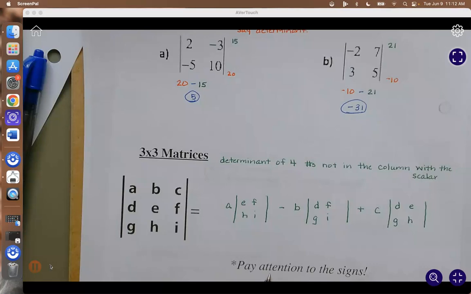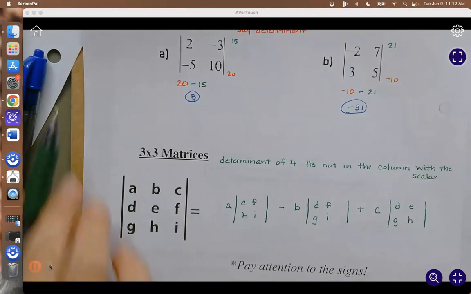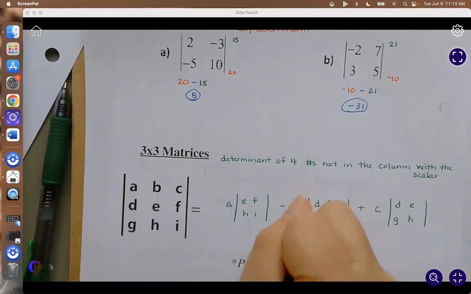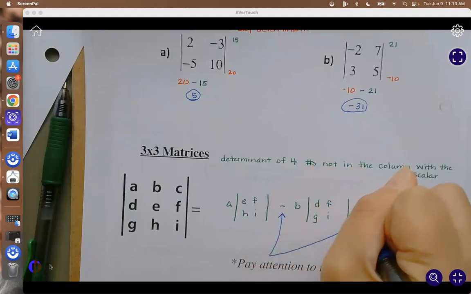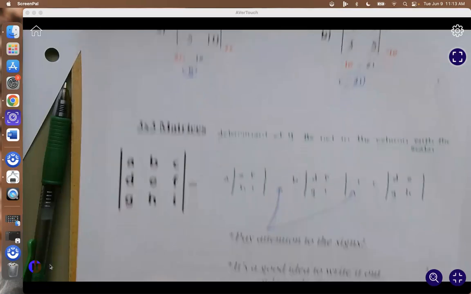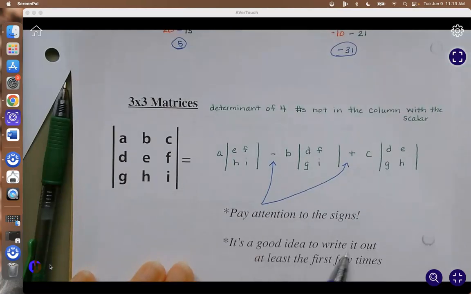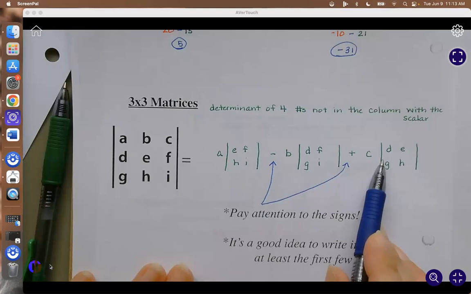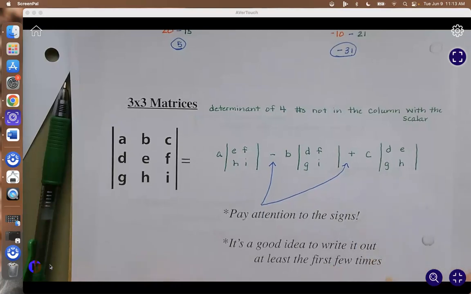So we're going to have to pay attention to the signs. Okay? And what I mean by that is remember that this one gets a minus and this one gets a plus. Also, it's a good idea to write it out at least the first few times. So write out the formula and then fill it in.